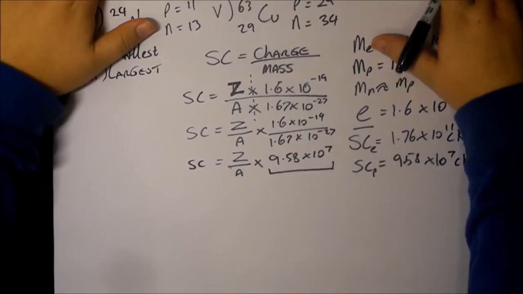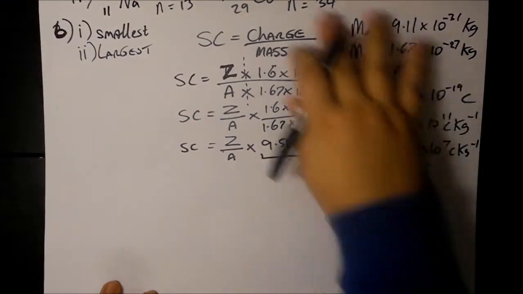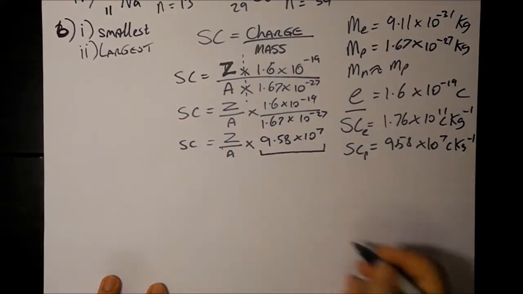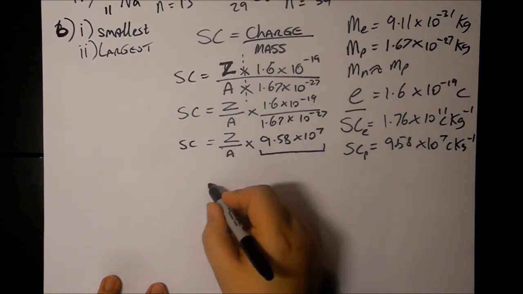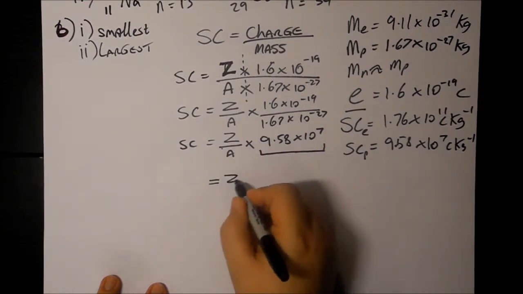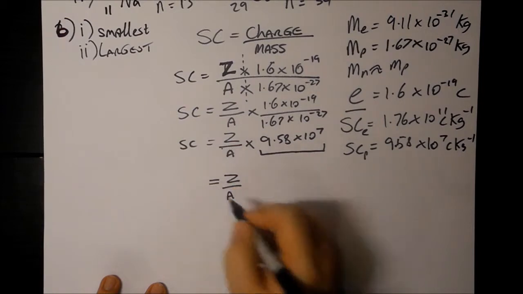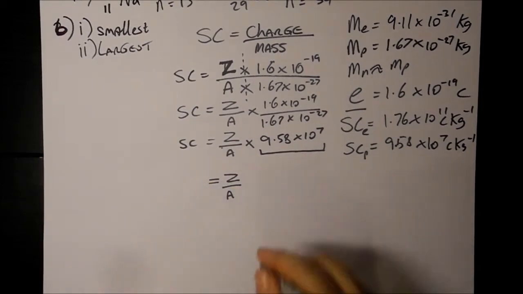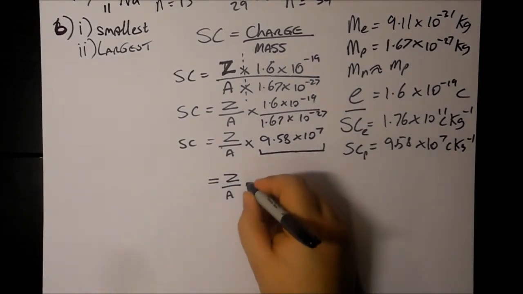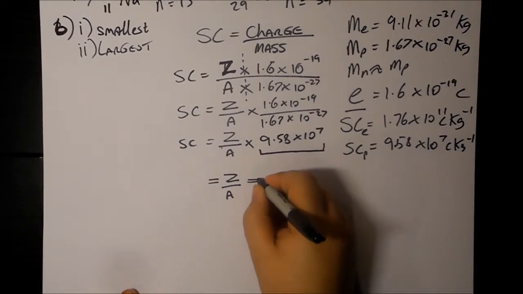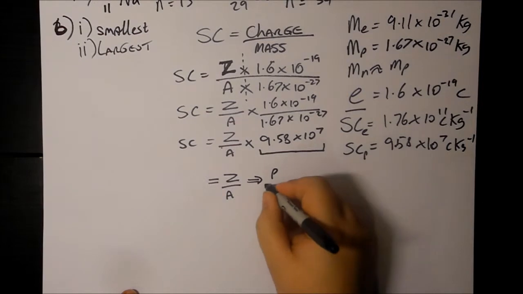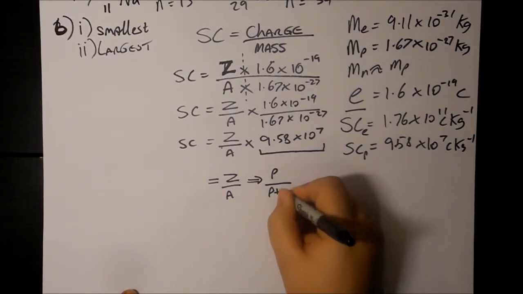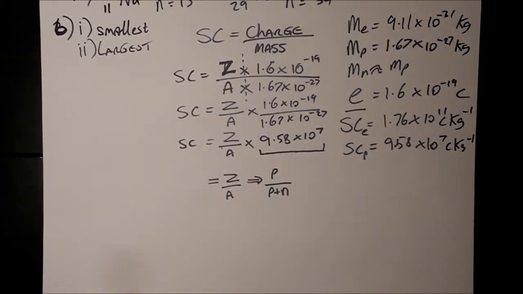Let me just move the paper up. So, we have a situation where we have Z over A. Now Z, let's look at this in terms of protons and neutrons. We can say Z is the number of protons, A is the number of protons plus the number of neutrons.